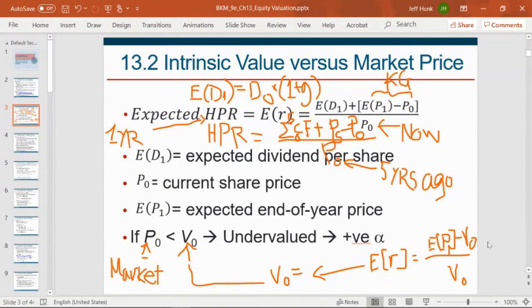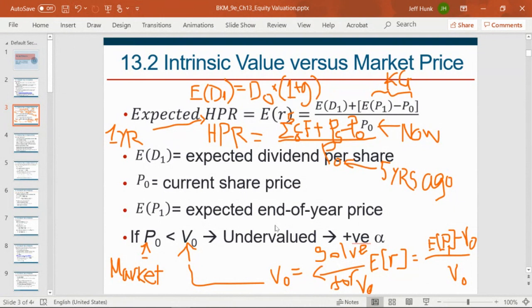In other words, if we solve this equation for V0, value at time 0, that's the valuation formula for intrinsic value.